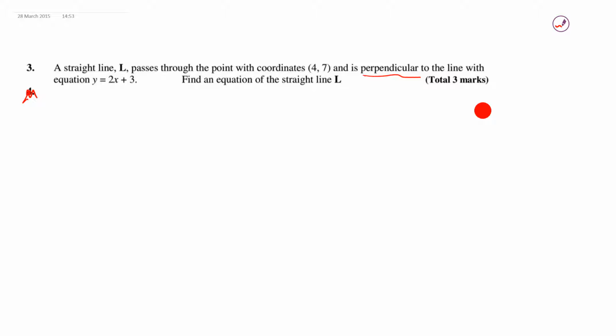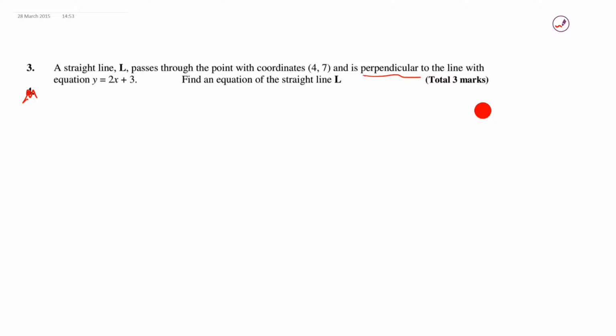So it's a little bit tricky. Find the equation. 4/7. Perpendicular.